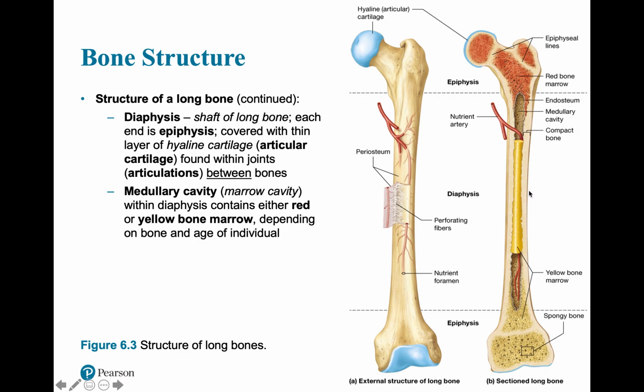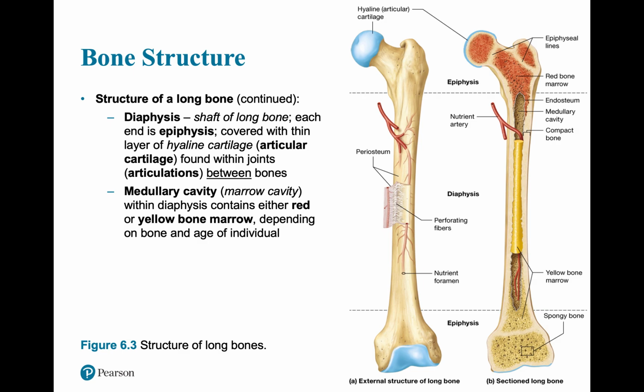Now, what's cool is this yellow bone marrow can actually convert back to red bone marrow if an adult gets a condition or a disease that requires more blood cells, right? So if they acquire some sort of condition that requires more blood cells, the yellow bone marrow can convert back to red bone marrow to help out with blood cell formation.